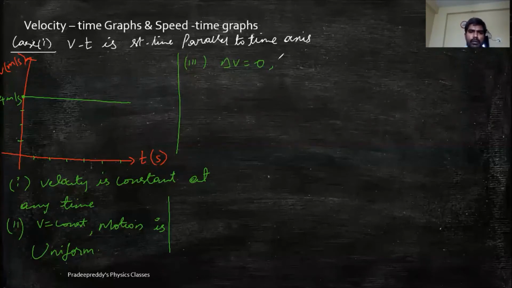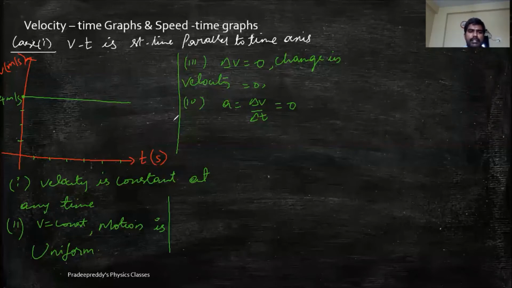Change in velocity is 0. We know that acceleration is delta V divided by delta T. Delta V is equal to 0, therefore acceleration is also equal to 0. The body is moving with constant velocity and it is uniform motion. Right? That is the information you are getting from this graph.